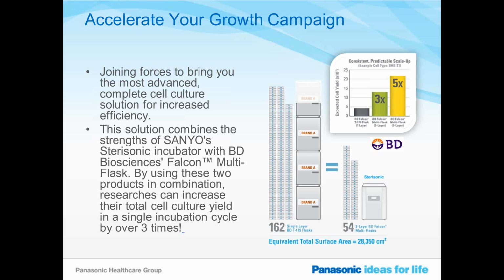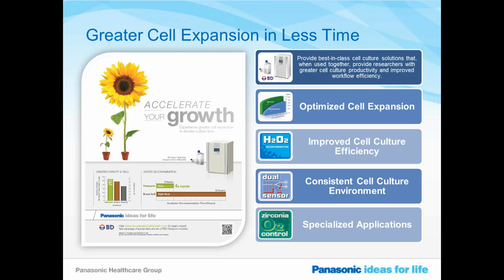You can see some of the graphics here that explain the impact of the traditional method of using a single-layer flask versus a 3-layer flask, and the cell yield that's demonstrated from there. So our focus on this type of solution was greater cell expansion in less time.